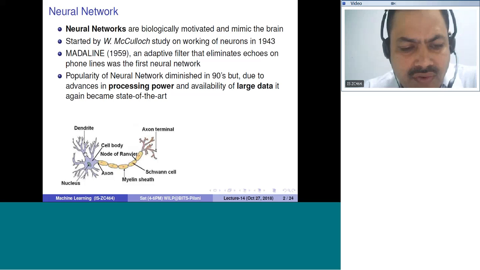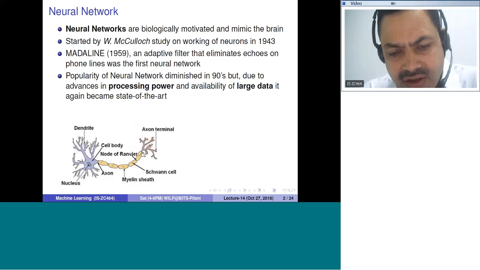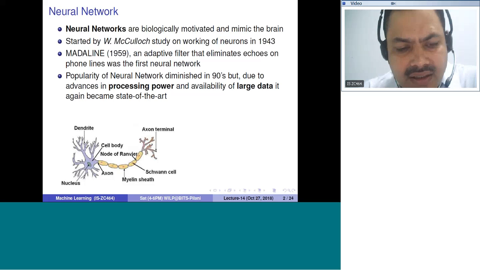One neuron sends signals using the axon to the other neuron, and at the end of the axon it can connect with another neuron. Let's assume this is the part where it is going to be connected. This part, the input of the next neuron, is called the dendrites.